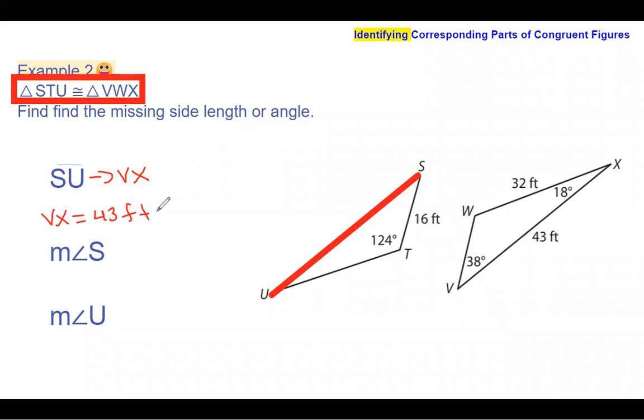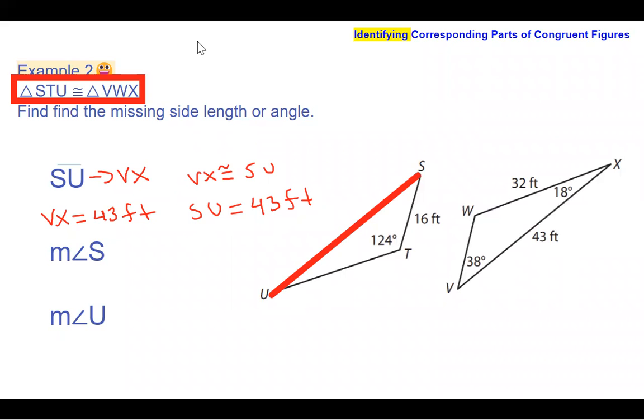So if VX equals 43 feet, we can state that VX is congruent to SU. Therefore, SU measures 43 feet. Not too bad, huh? We're just going through our statements here. So SU is corresponding to VX. VX is 43 feet. VX is congruent to SU. Therefore, SU is equal to 43 feet.